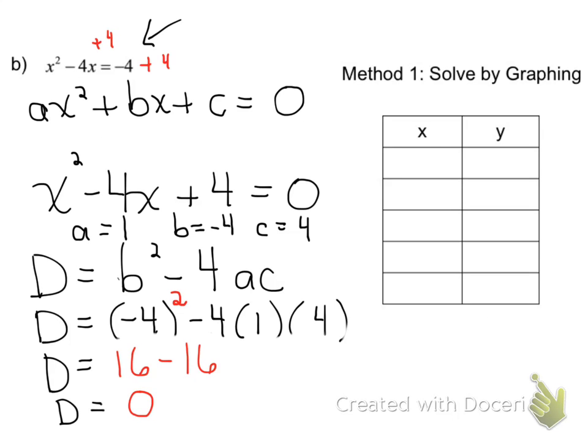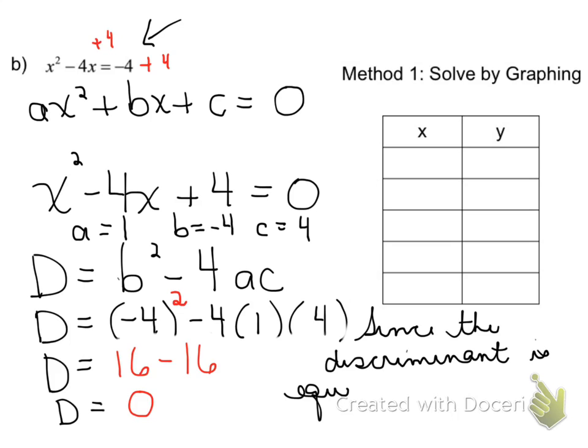So I'm going to go back and write, since the discriminant is equal to 0, there is only one root. There is only one real root.